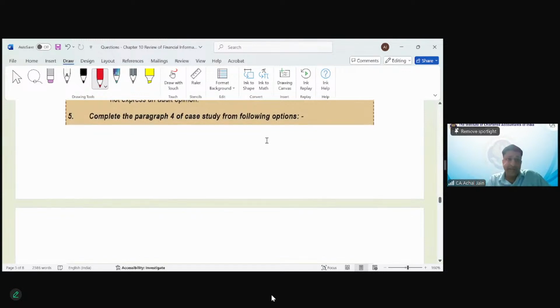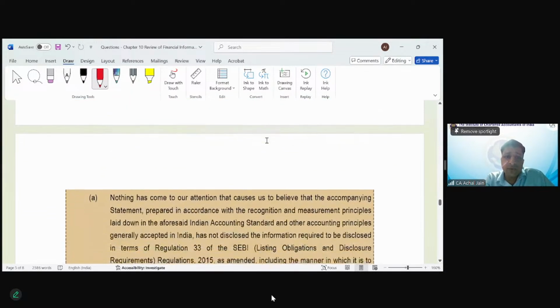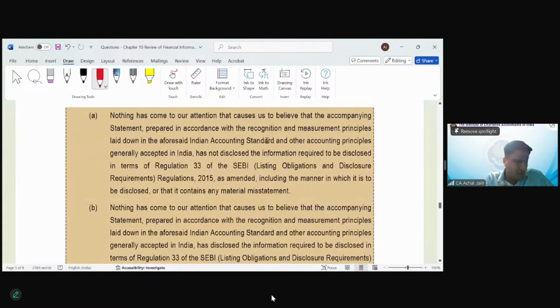Last one quickly for you. Complete para 4 of the case study from the following options. From the options only you'll get to know about it. A, nothing has come to our attention that causes us to believe that the accompanying statement prepared in accordance with recognition and measurement principles, other accounting principles, has not disclosed the information required to be disclosed, including the manner in which it is to be disclosed, and that it contains any material misstatement.